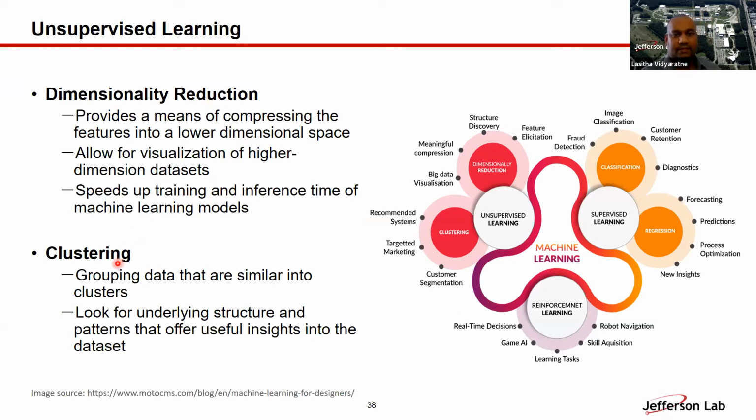The other is clustering, a way of grouping data that are similar into the same cluster and dissimilar into different clusters. Both these provide insights into the underlying structure and patterns of a dataset that might be useful for us to understand how this data can be used for machine learning.